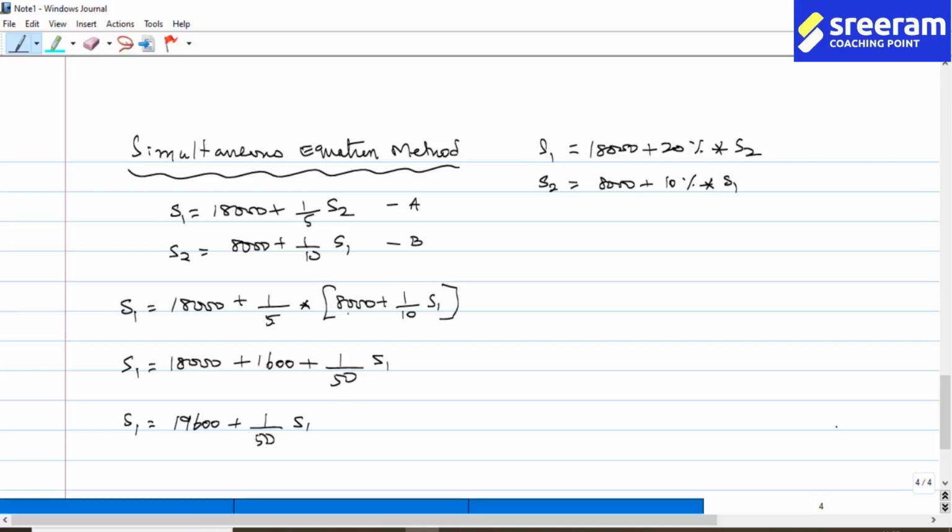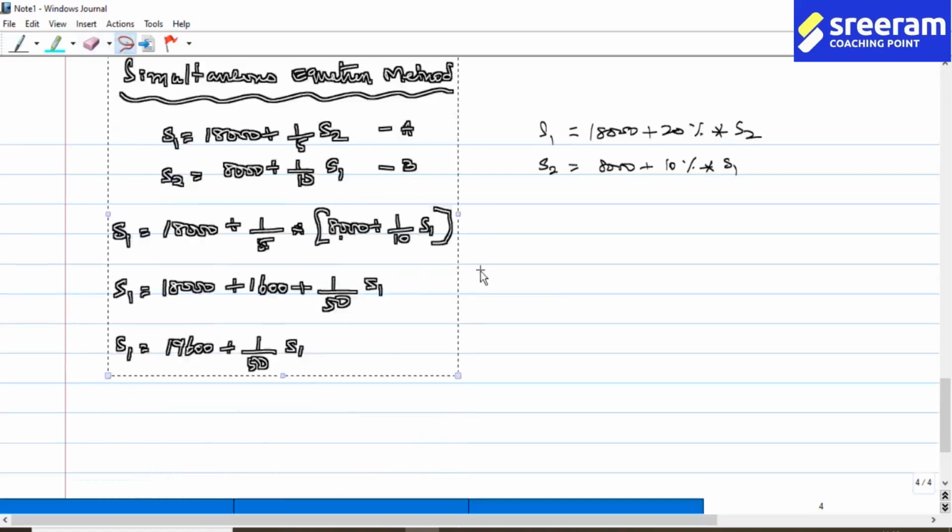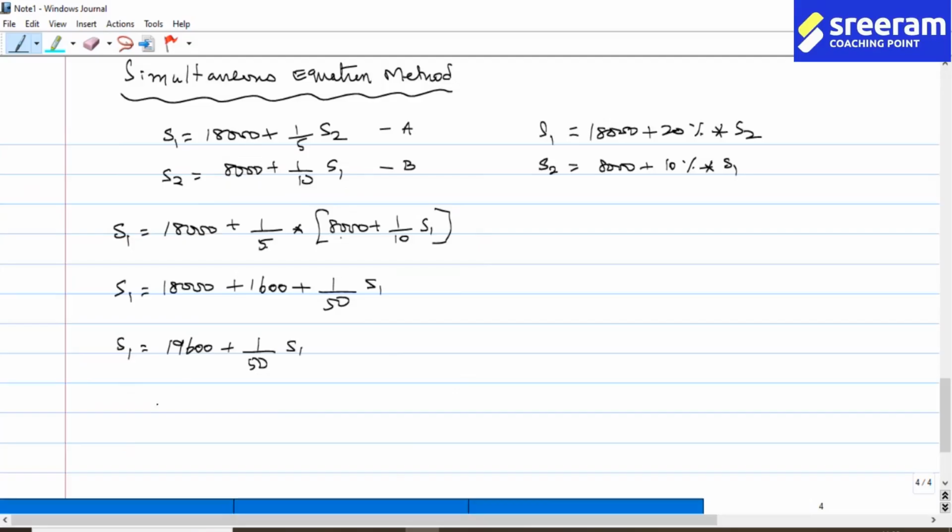So S1 minus 1 by 50 S1 equals 19,600, 49 by 50 S1 is equal to 19,600, S1 is equal to 19,600 into 50 divided by 49.